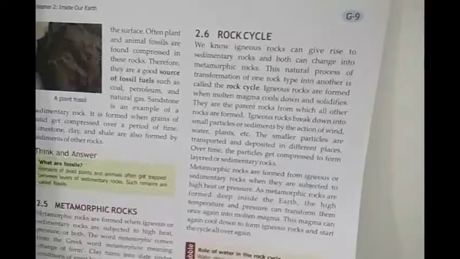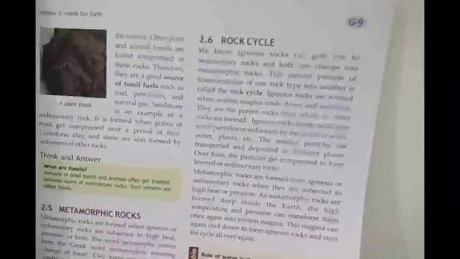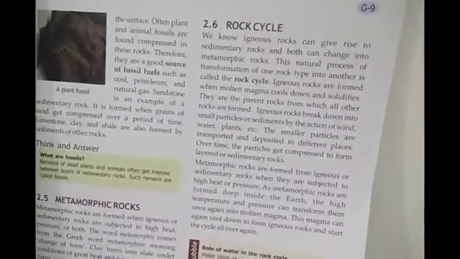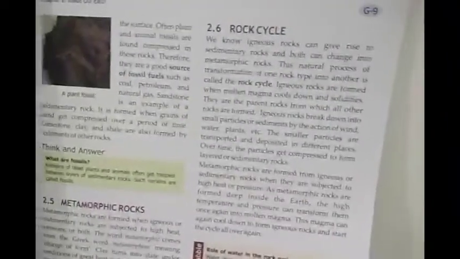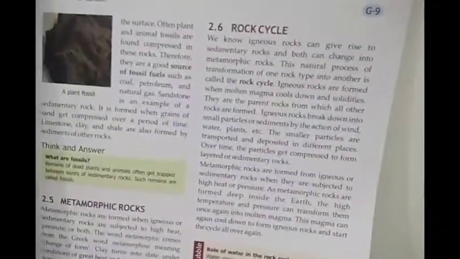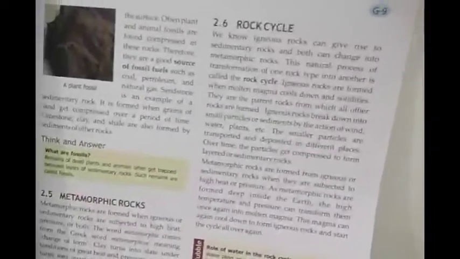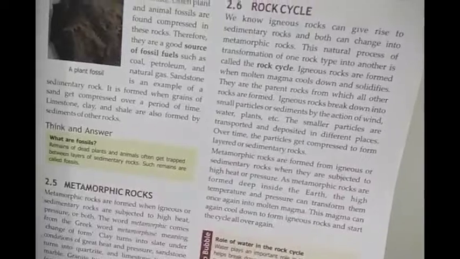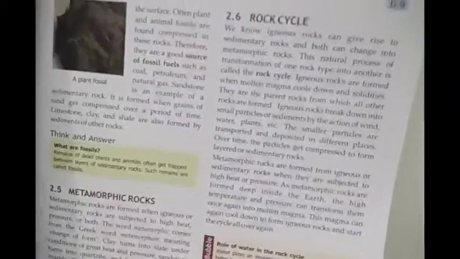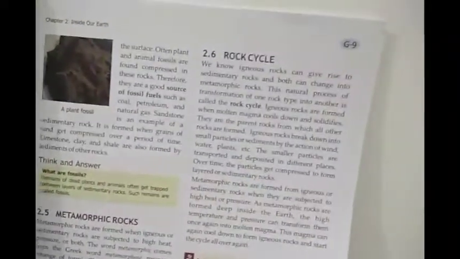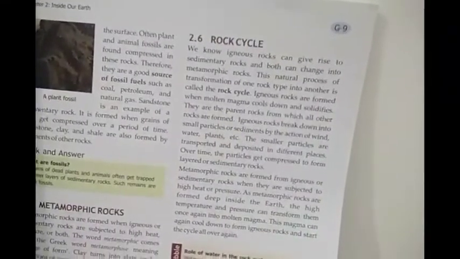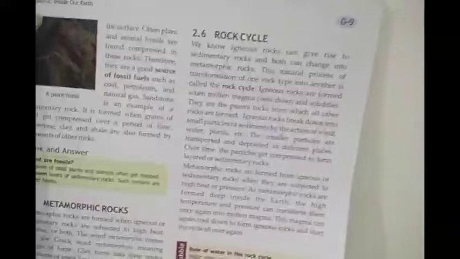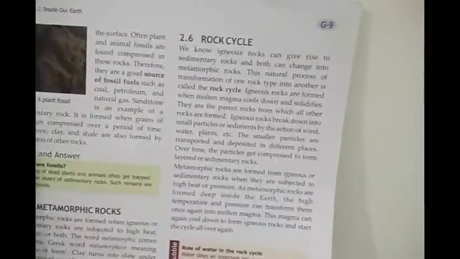They transform into magma under heat and pressure, and again this magma comes out from the crust, cools down and forms igneous rock, and then the cycle continues. So we see that from igneous to sedimentary, from sedimentary to metamorphic, and again from metamorphic to igneous, and the cycle continues. This is how we call it a rock cycle: the cyclic process of the transformation of rocks from one category to the other.